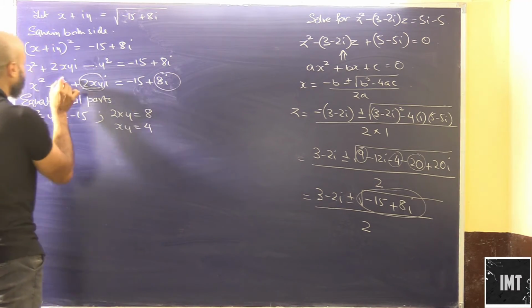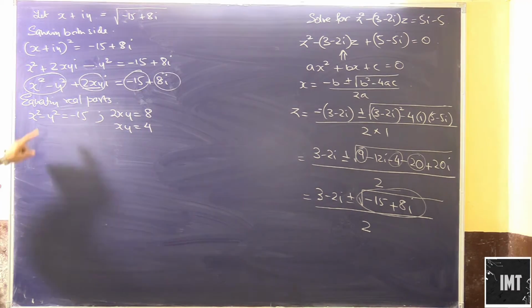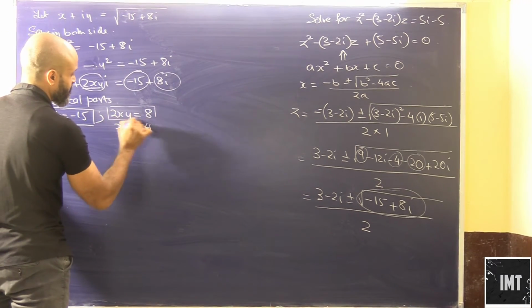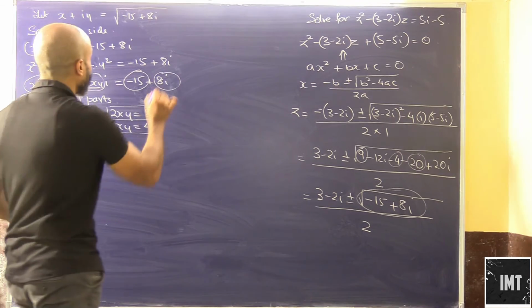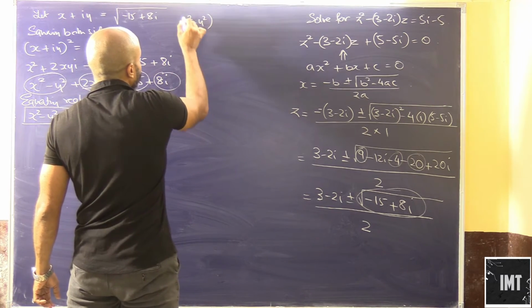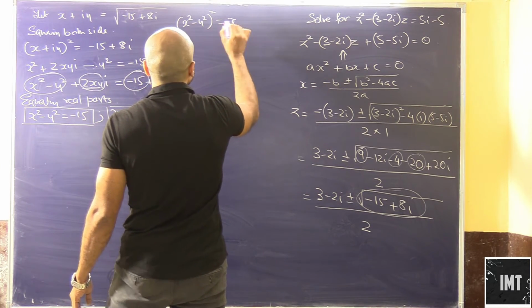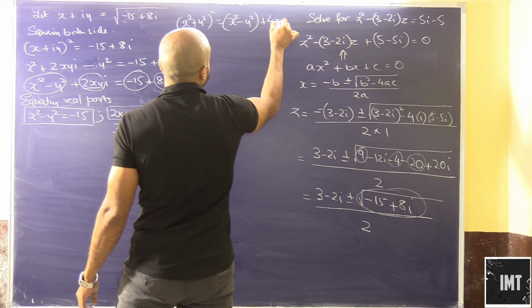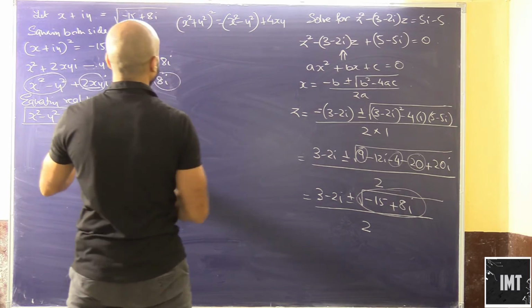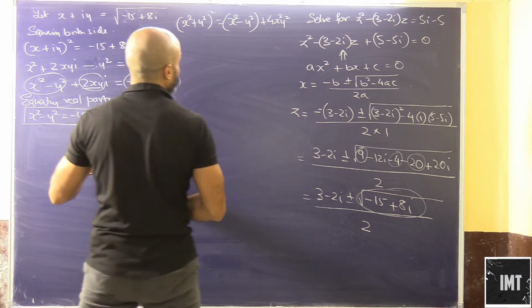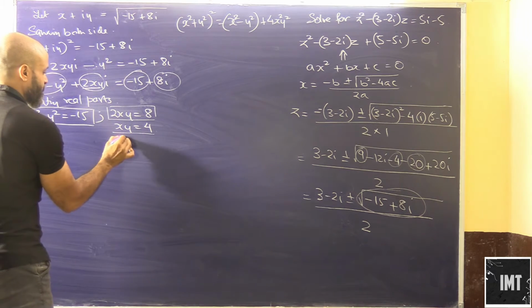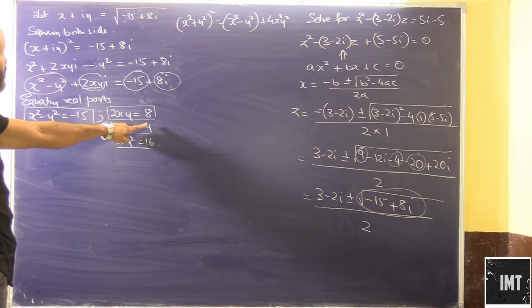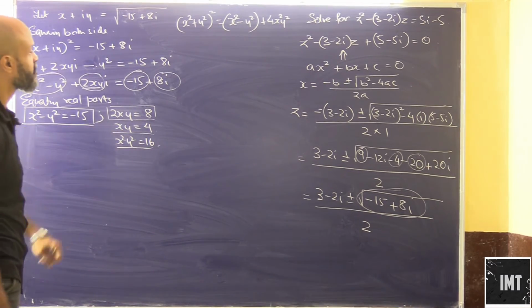Now we know that if we square x square minus y square, this will be x square minus y square whole square plus 4x square y square. Here xy is equal to 4, so obviously x square y square will be equal to 16.